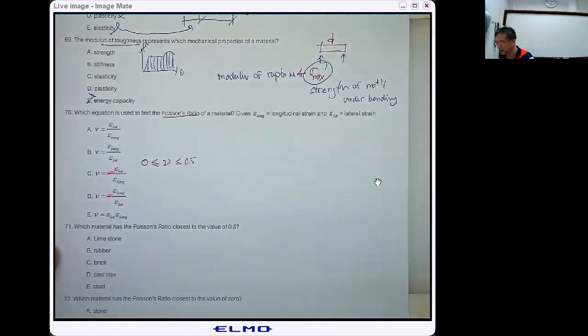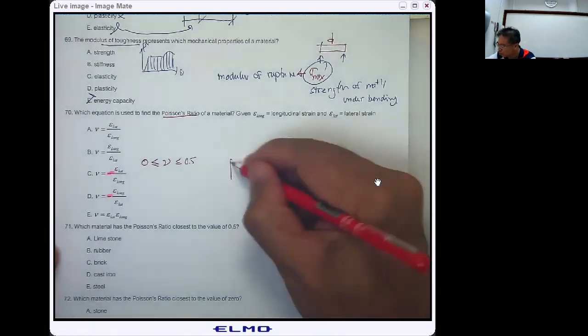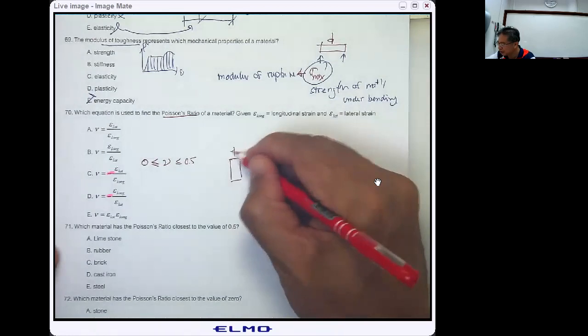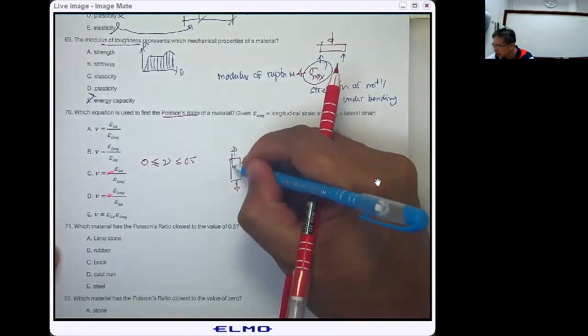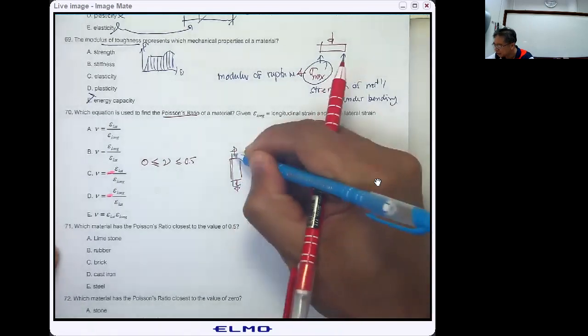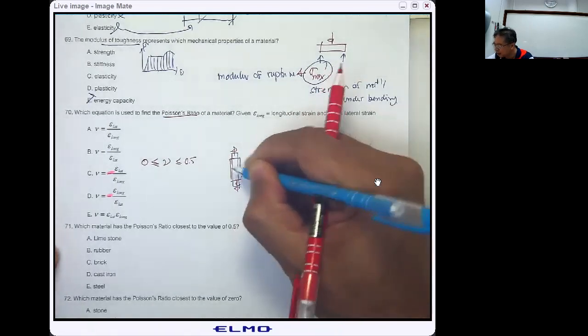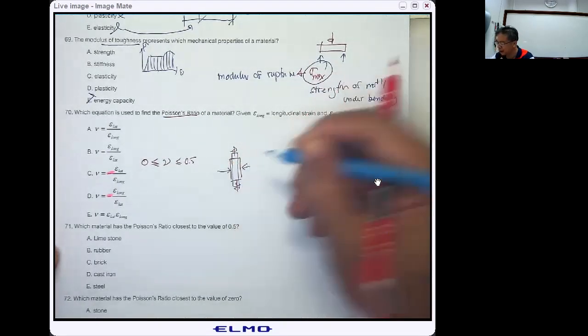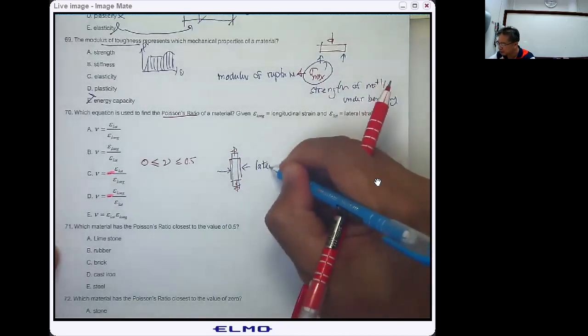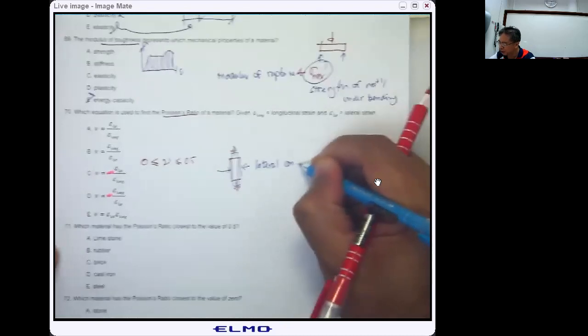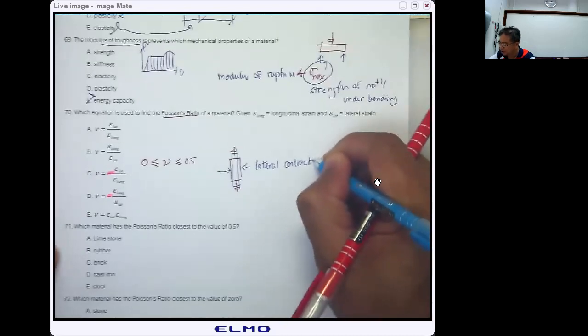Why? Okay, Poisson ratio: when you pull the steel, it will get longer, but the steel also has a contraction, a lateral contraction.